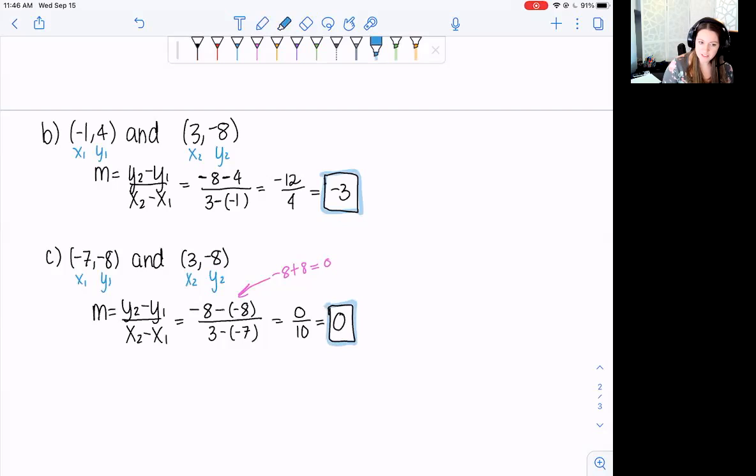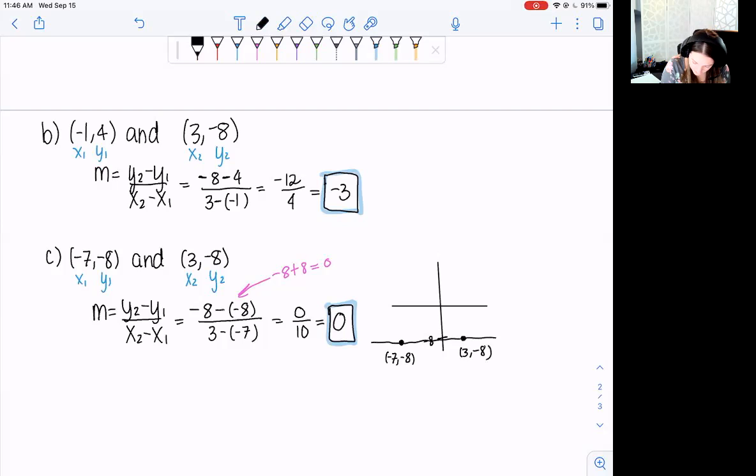But that means something special. If the slope is 0, what kind of line is this? The horizontal line. Absolutely. So if I draw a really crappy graph right here, let's say this is -8 right here. I have -7, -8, that would be somewhere out here. And then we have 3, -8, which would be somewhere over here.